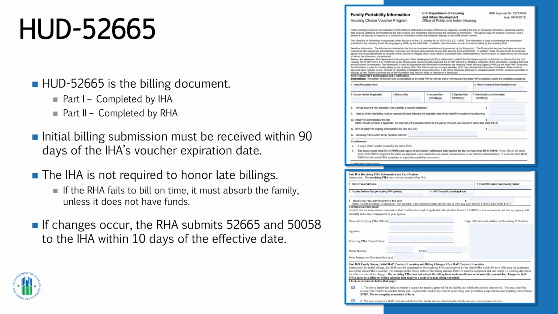Okay, so line 10 will be completed by the initial housing authority, and the housing agency will put their admin fee. So whatever their ongoing admin fee is. And then line 11 would be 80% of the ongoing admin fee. So you would take line 10, whatever that admin fee is, times 80%, and that's the amount for line 11.